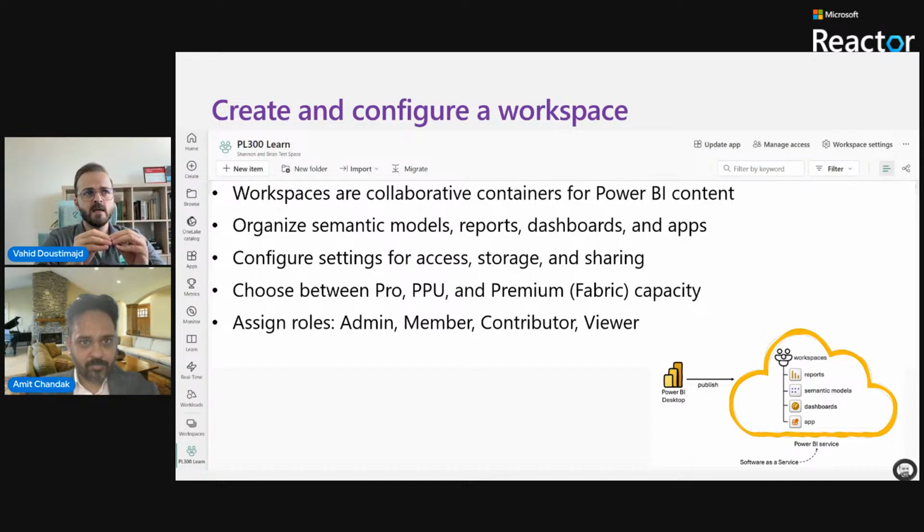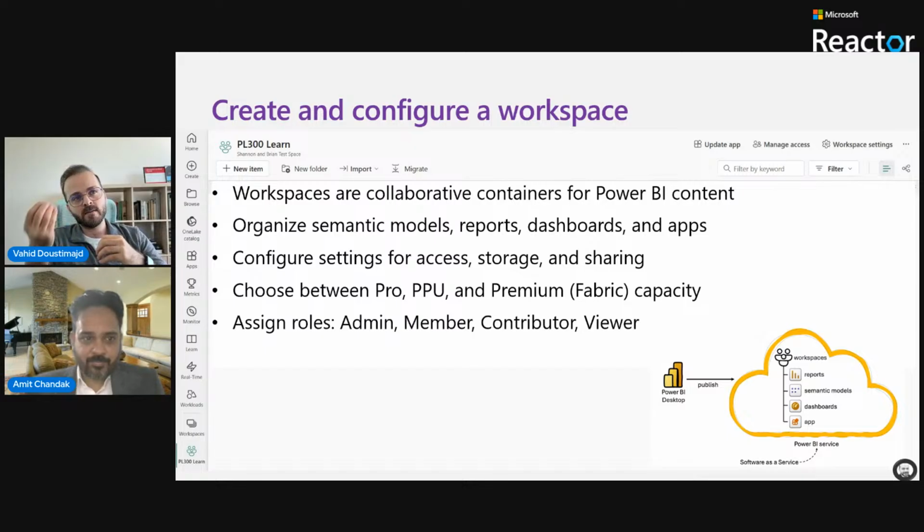Pro license is good for small to medium size organizations, because if you create a Pro workspace and share a report there, then you can only share it with people with a Pro license. You can't share that with people with a free license. Any user who wants to use those reports needs to have a Pro license. And for each of them, you need to buy that license and assign it to that user. So that's a user-based license for the workspace.